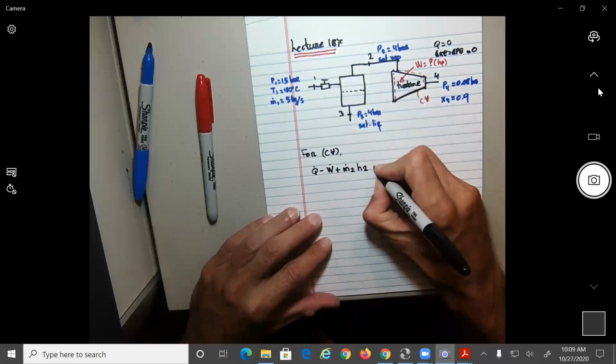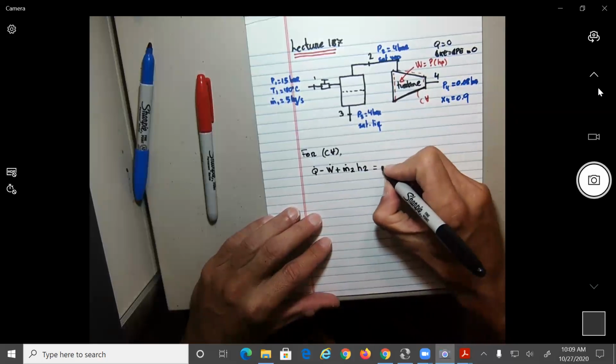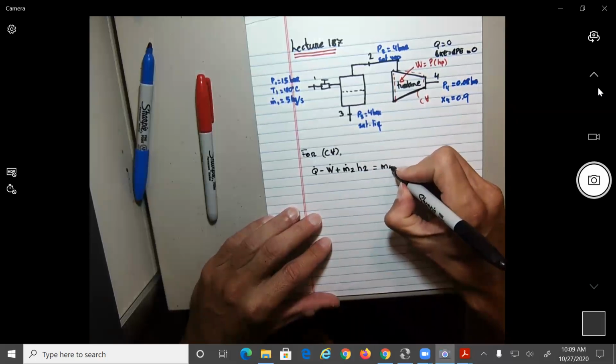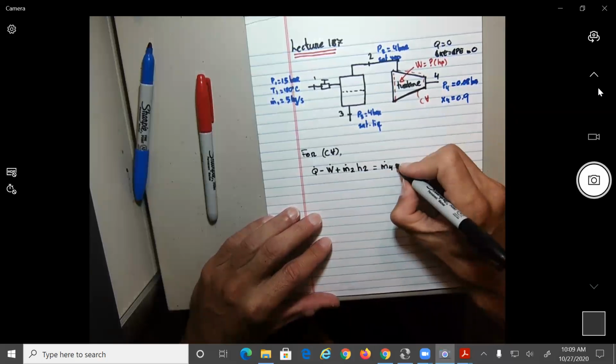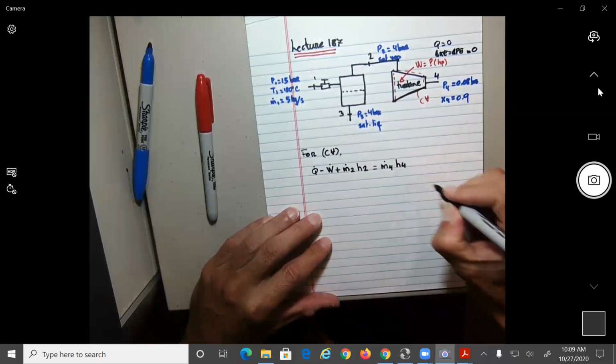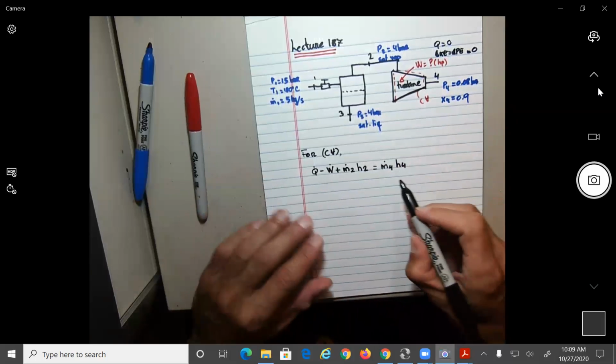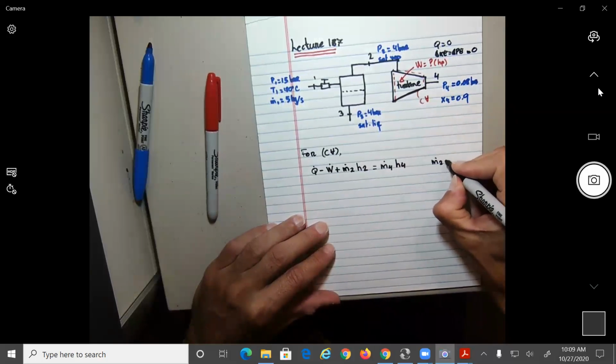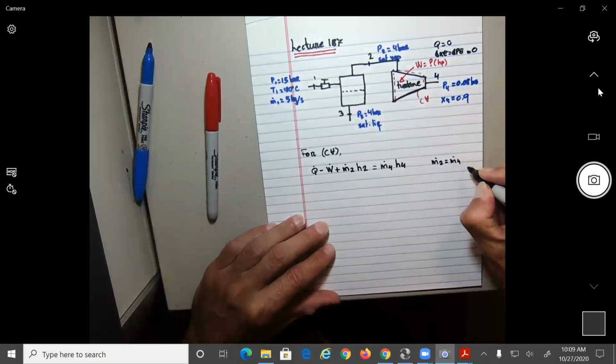And that will be equal to M4 H4. But you agree that here, because of the conservation of mass, M2 and M4 should be equal. Okay?